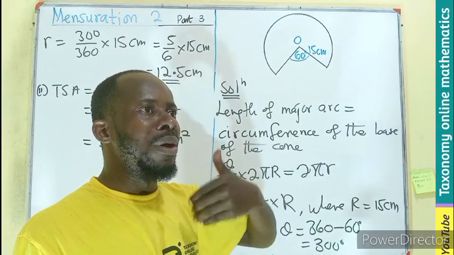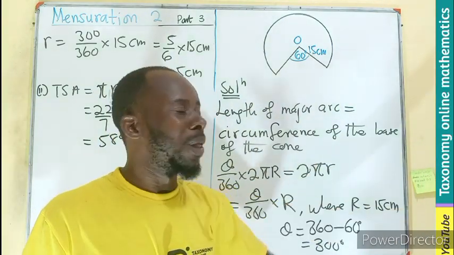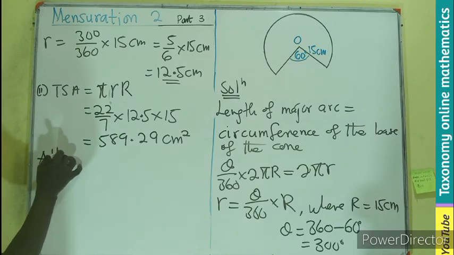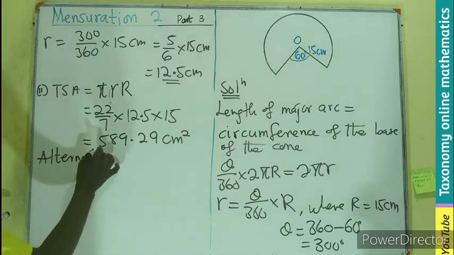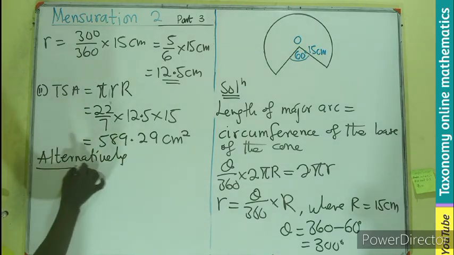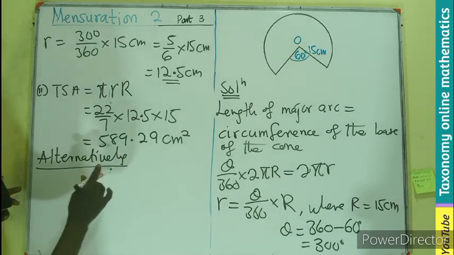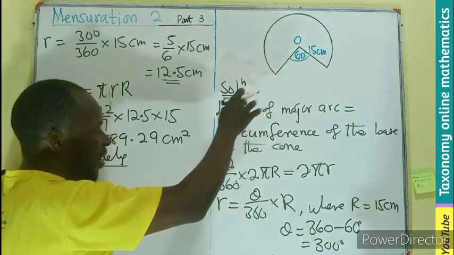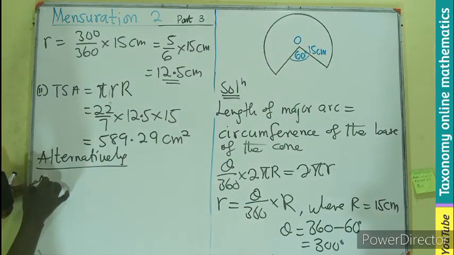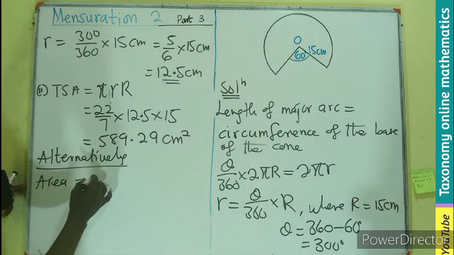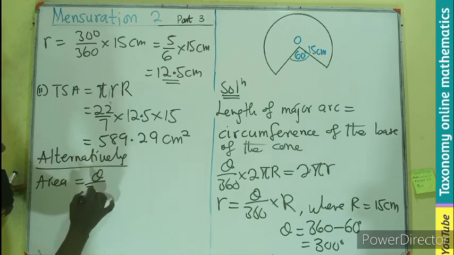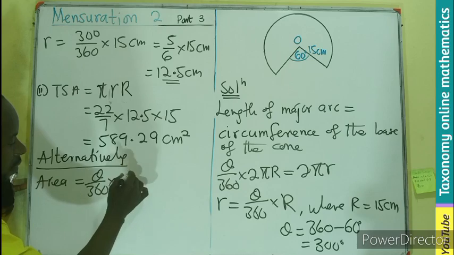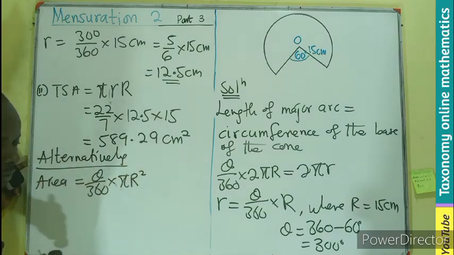Everything here will be made into the cone. So we can also say that the total surface area is the same as the area of the sector, and the area of the sector will be theta over 360 times pi R squared, right?